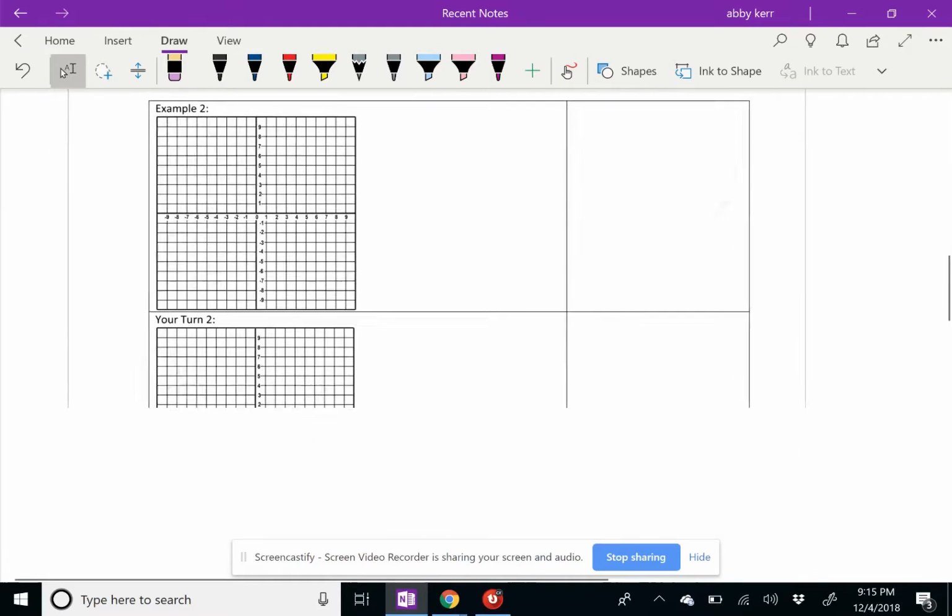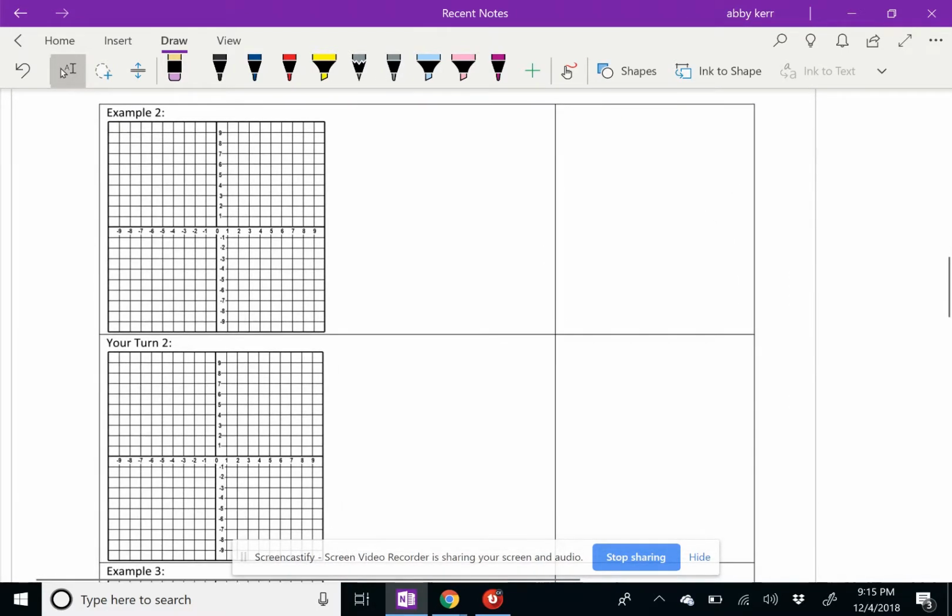Now example 2 will give you what a no solution or infinitely many solution will look like. So let's see which one it is. So our first equation is y equals -2x plus 3.